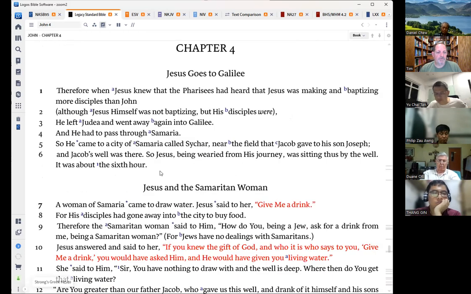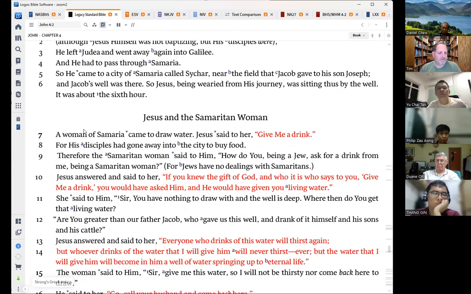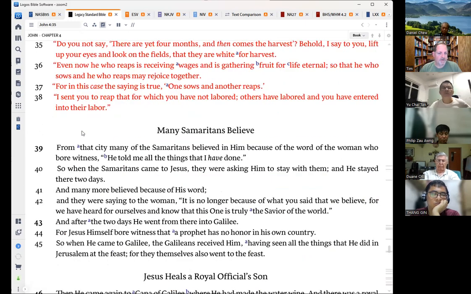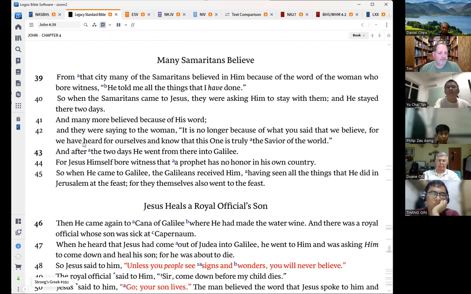But then we get to chapter 4, and we have another story being introduced, but it's not independent or disconnected from what's happened before. And so oftentimes we will get these kinds of links. If we go to the end of chapter 4, after the story of his interaction with the Samaritans, verse 43, after the 2 days that he spent in Samaria, he went from there to Galilee.